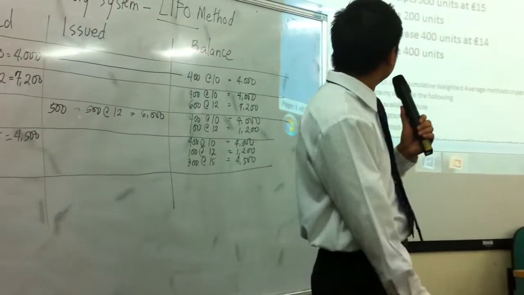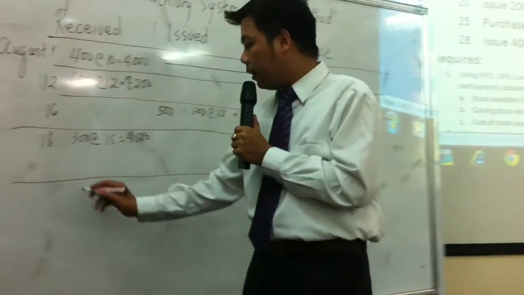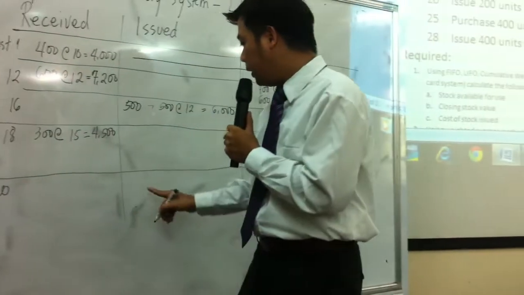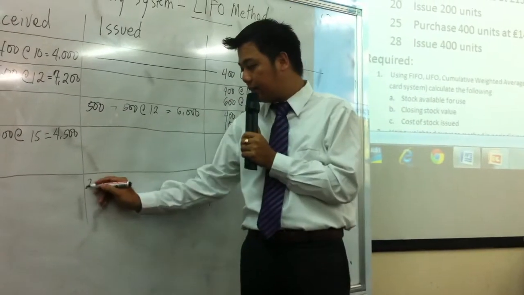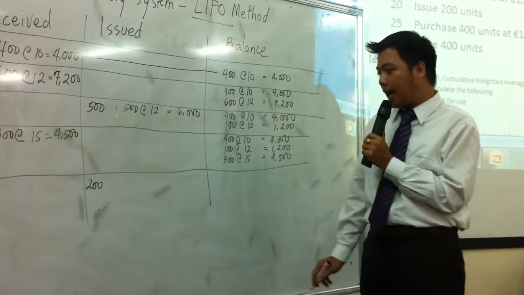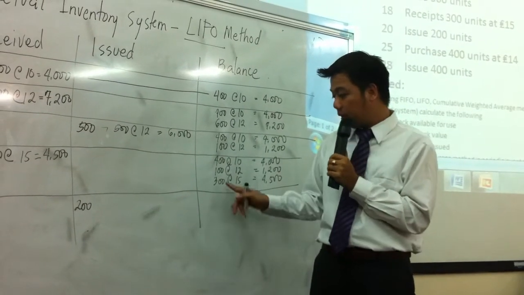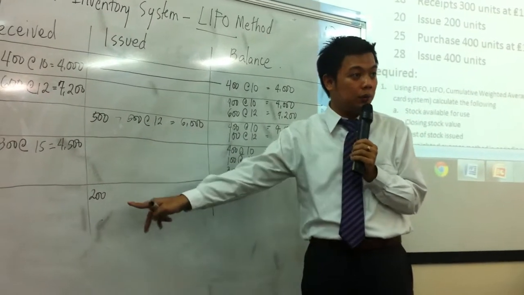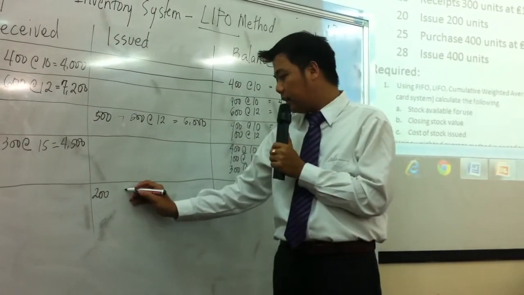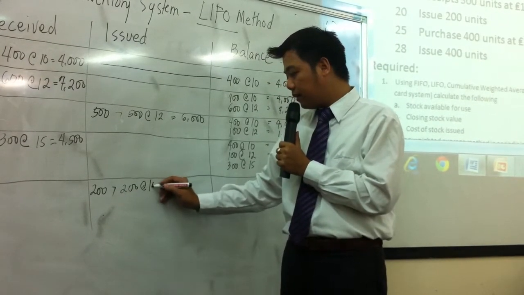Next, August 20. On August 20, we issued 200 units. So this time, what is our basis? 300. Okay, but this is enough already to cover our 200. So that is 200 at 15.